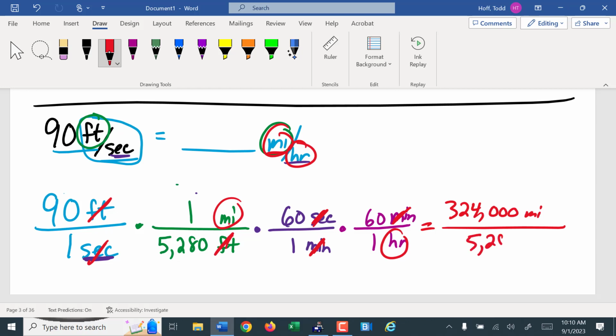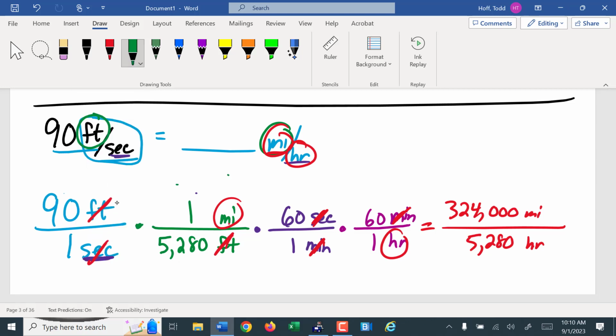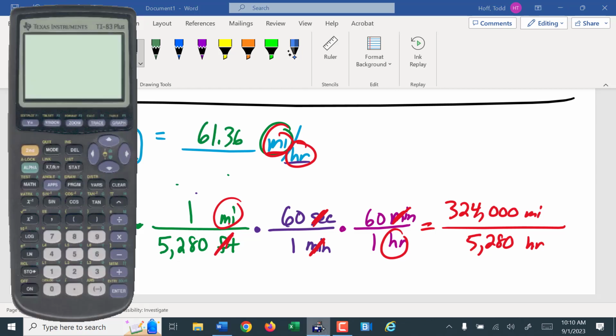That's 5,280 hours. And now we do have to divide this out to make it back into what we call a unit rate. So 324,000 divided by 5,280, was that 61.36? I believe. I'll double check it.